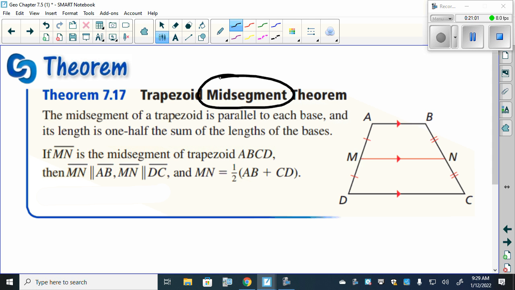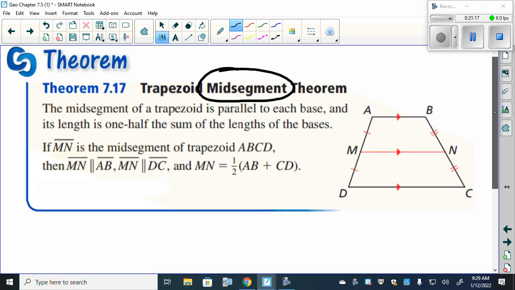Mid-segment. Midpoint, middle, and it's a segment. They named it 100% exactly what it is. And it's going to be in the exact middle of the two sides.